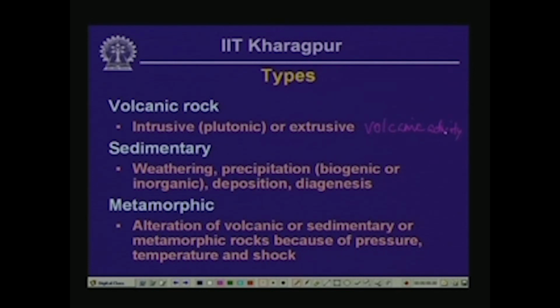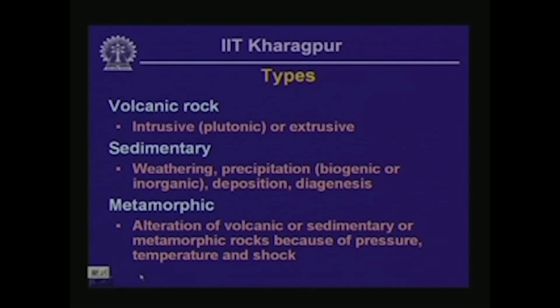Then you have sedimentary rock, which comes out of weathering, precipitation, deposition, or diagenesis. Then you have metamorphic rock that comes out of alteration of volcanic, sedimentary, or metamorphic rock because of pressure, temperature, and shock.